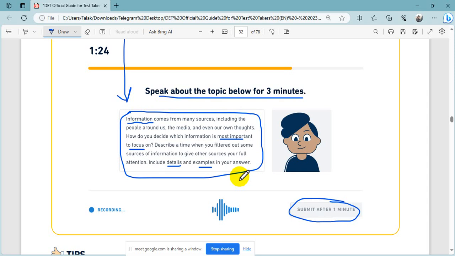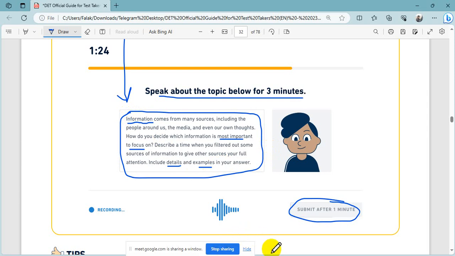Guys, in fact, the second part of the prompt says that you are allowed to tell your own stories. Tell about a time when you decided which information to be considered important for you and which one less important. It means you can give examples from your real life as well. So that's it. Your time starts now.